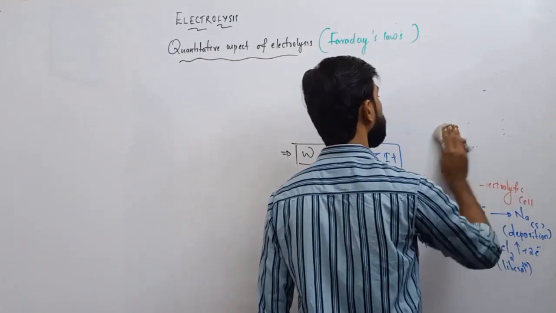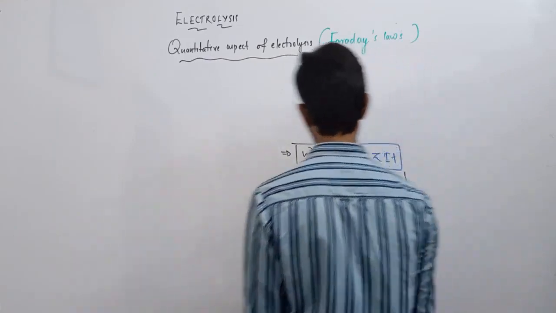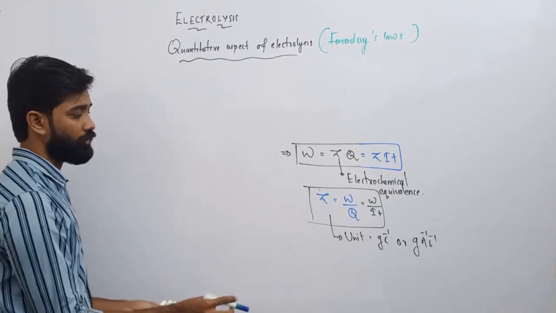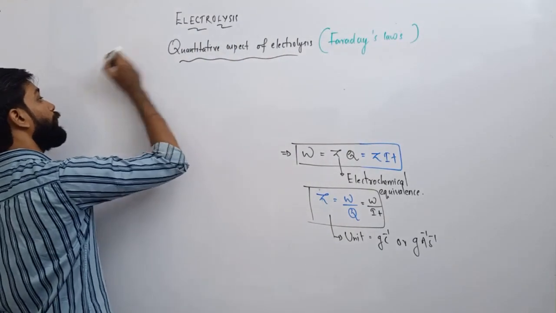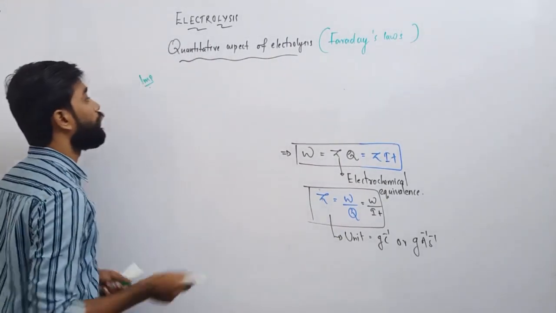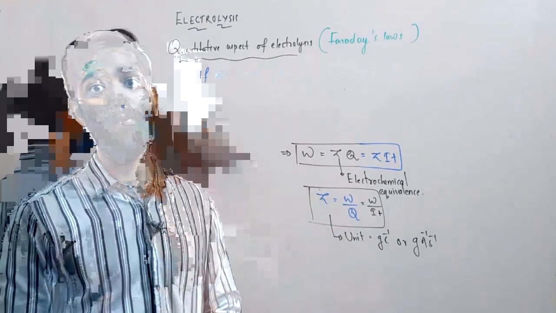Let me erase the figure of the electrolytic cell. Now we are at the expression for Faraday's first law, W equal to ZQ, and we know that Z is E by Q. The very important point is the charge of 1 mole electron.